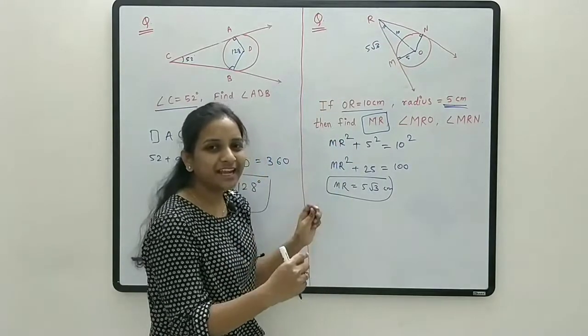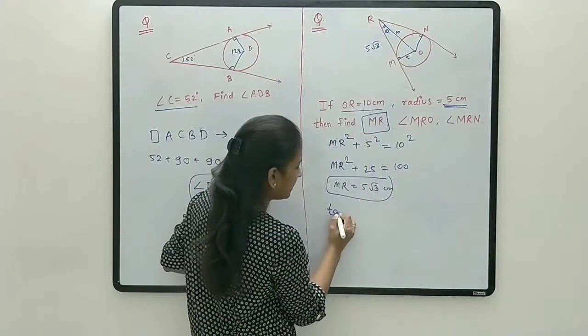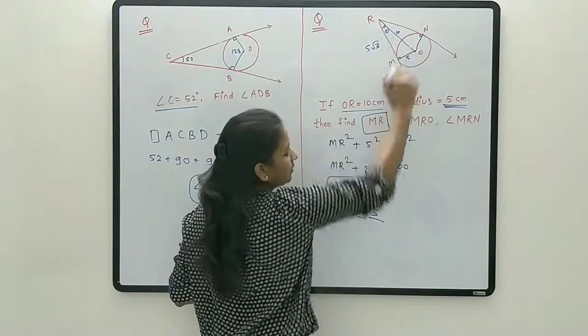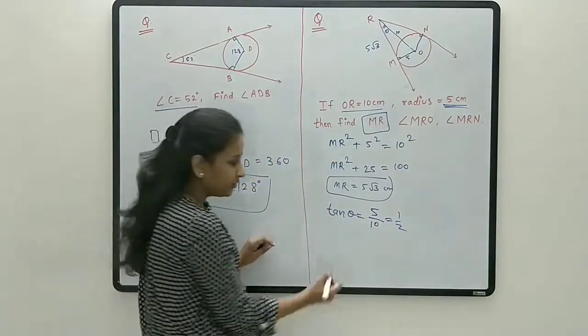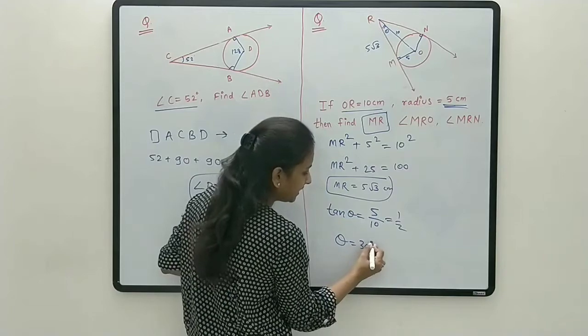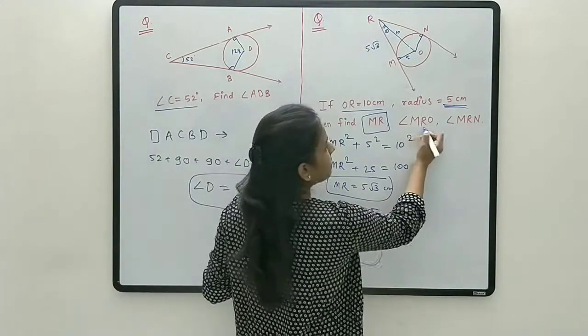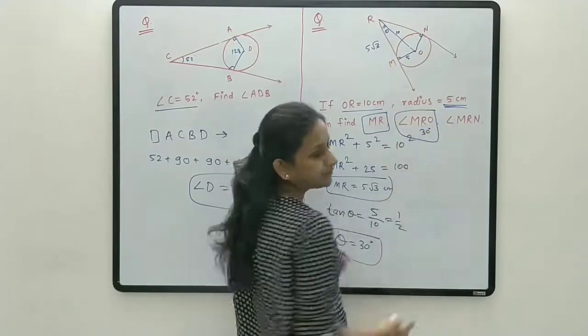Okay, by the 30, 60, 90 triangle, or let's say this angle is theta. Sin theta is equal to opposite side 5 by hypotenuse 10. So this is 1 by 2. Sin theta is 1 by 2. So theta means 30 degrees. Fine. So this angle is 30 degrees. MRO is 30 degrees. Clear?